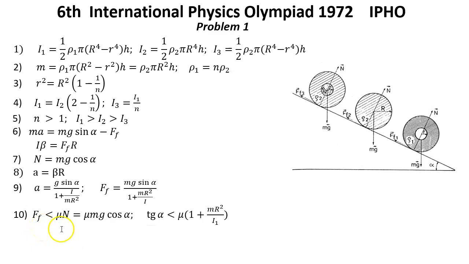Force of friction must be less than mu N, which is equal to mu mg cosine alpha. It means that tangent alpha must be less than mu multiplied by 1 plus mR square over I1.